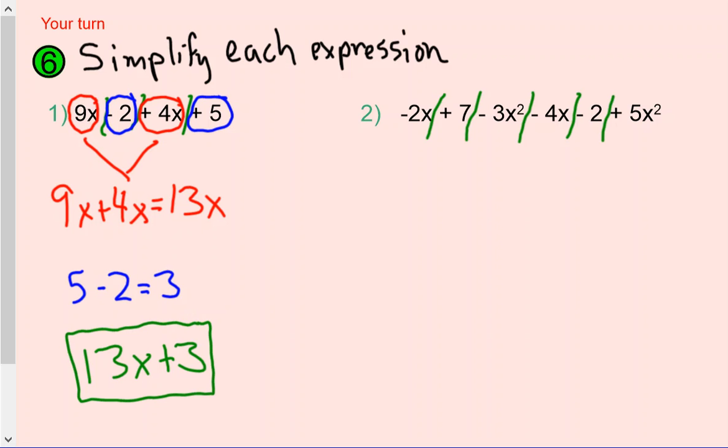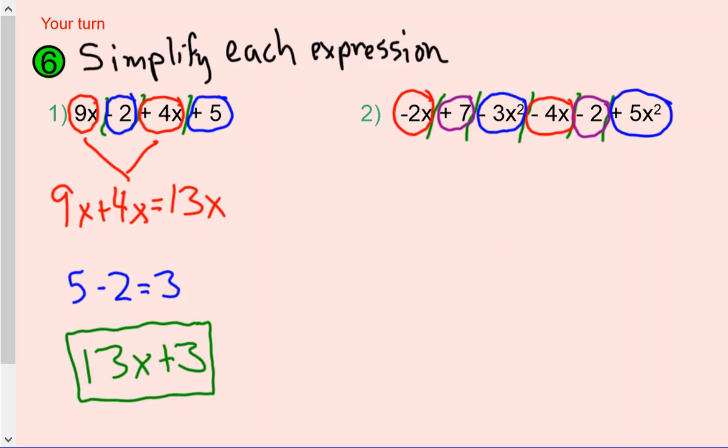All right, for number 2, I went ahead and separated the terms, and now I'm going to go through and combine any like terms. We have a negative 2x, we have a minus 4x, and then we have plus 7 and minus 2, and lastly we have a minus 3x squared and plus 5x squared.